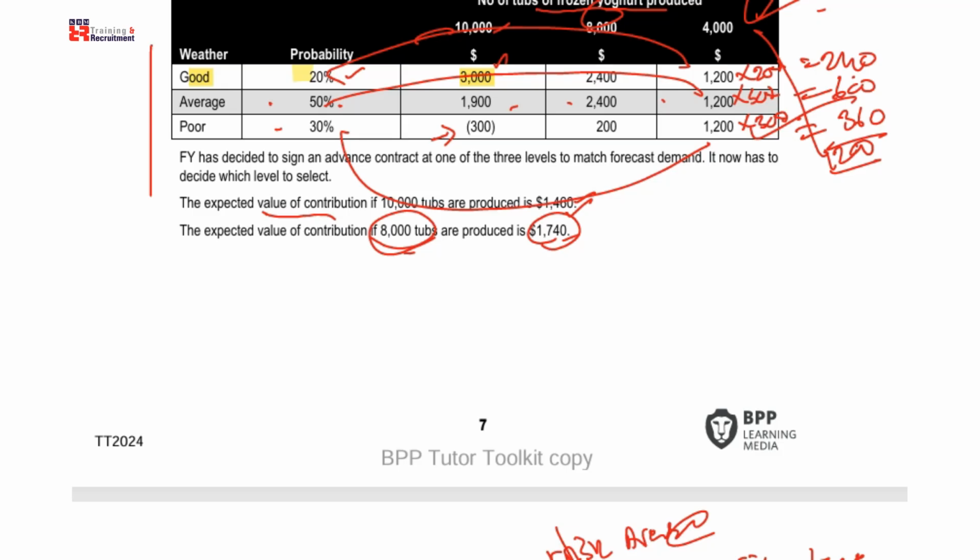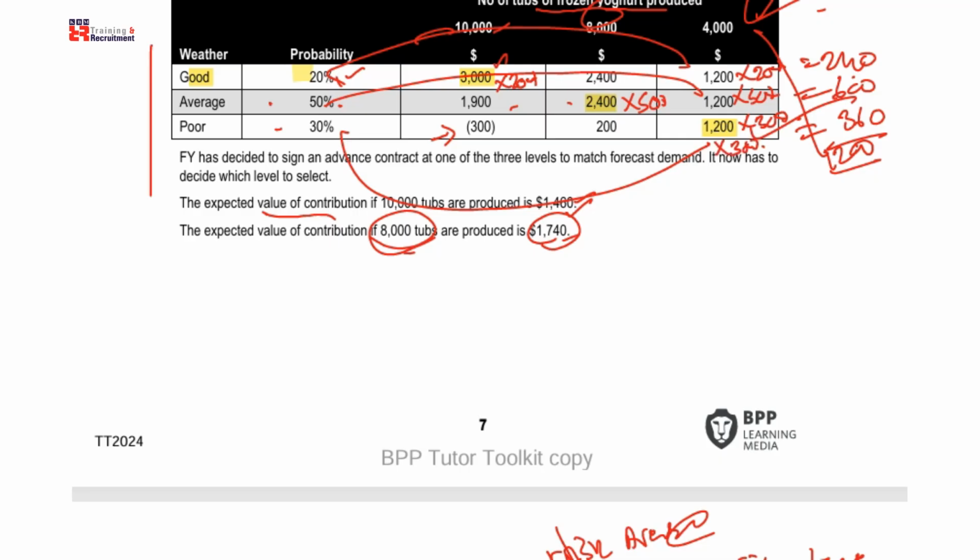And here about, what is my best outcome? 2,400. And here about, what is my best outcome? 1,200. So this is my production plan. 3,000 has a probability of 20%, and this has a probability of 50%, and this has a probability of 30%.